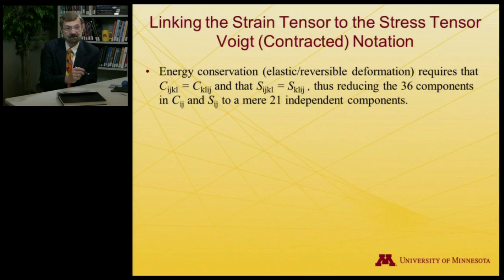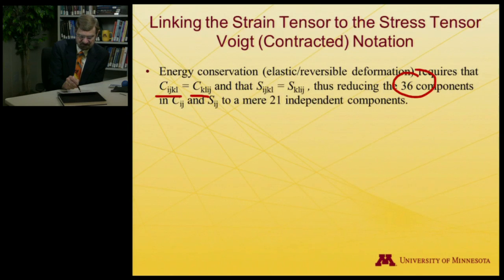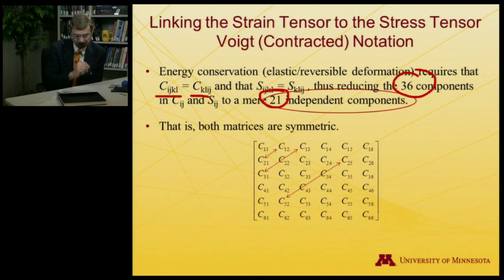But life is good. You can get away with even more than that if you take into account that there's energy conservation and deformation can be reversible. Then you can show, for example, that Cijkl is equal to Cklij. And that takes the 36 components and reduces them down to 21 components. So life is getting even easier. We have 21 components, and if I look at, in this case, the stiffness matrix, it's symmetric.